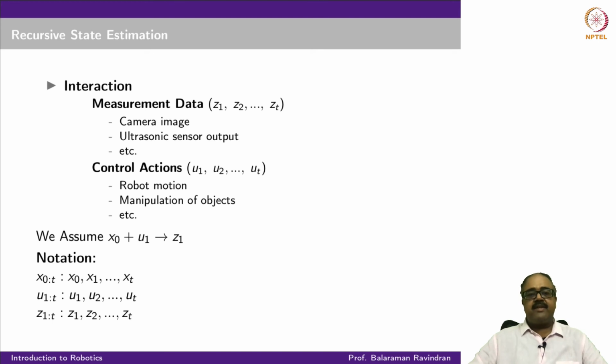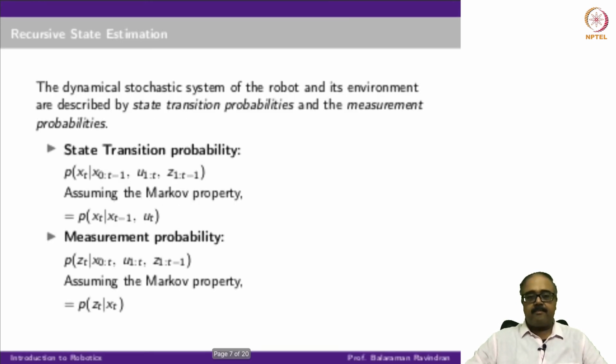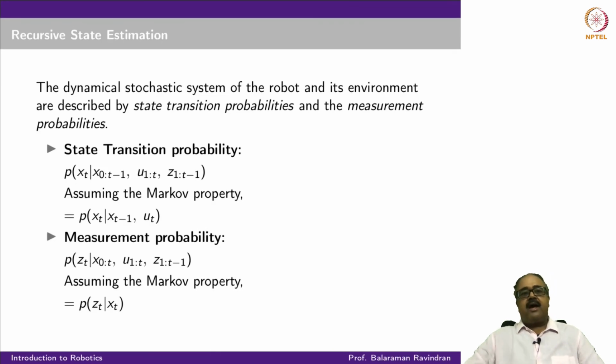Likewise, just like we did for x, we do that for u and for z as well. And so all of this is fine. Now we have the notations for x, u and z. But then we really need to model the system itself.